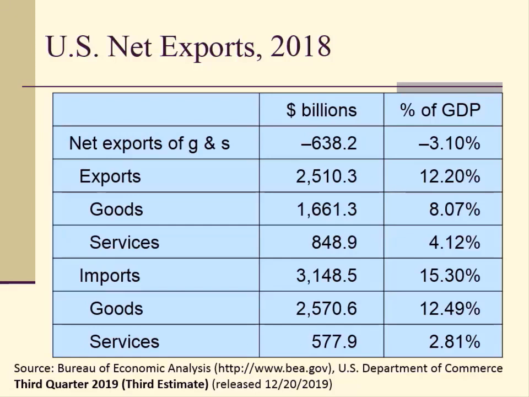As you divide these into components, you can see that the huge net exports deficit of goods and services mainly came from the huge negative net exports of goods. In fact, we had positive net exports of services.